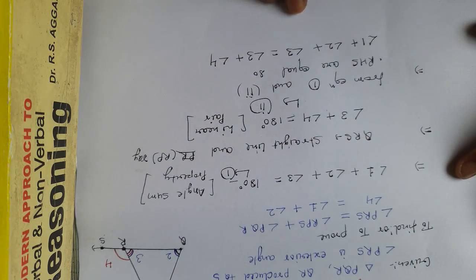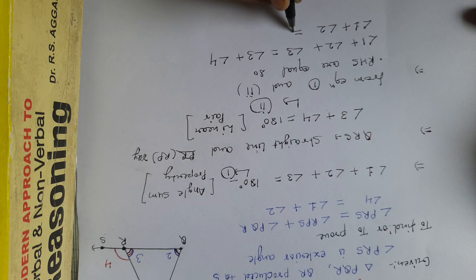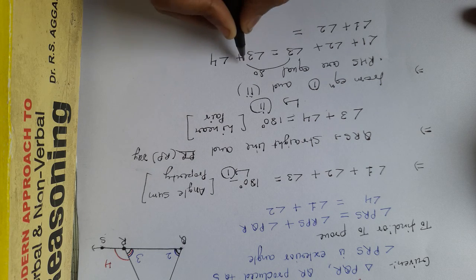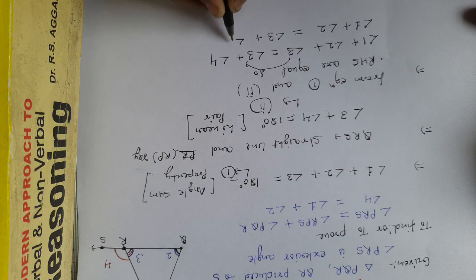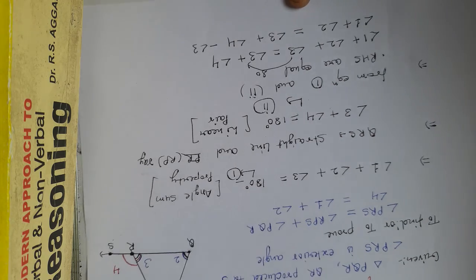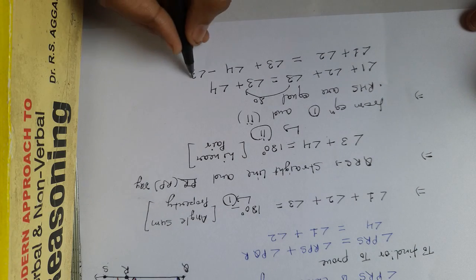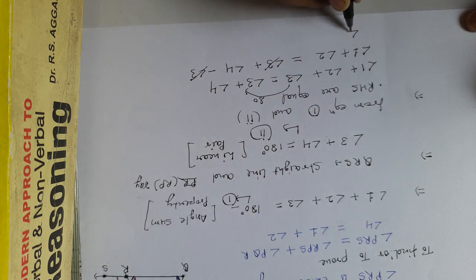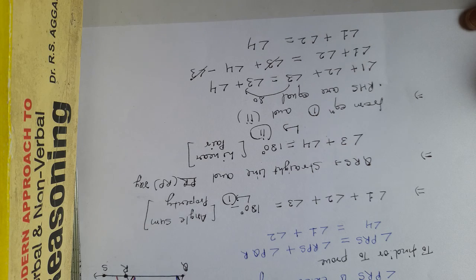So what we get from here? Angle 1 plus angle 2 is equal to, taking angle 3 to the other side, angle 4 minus angle 3. Here plus angle 3 and minus angle 3 cancel out with each other, and what you get is angle 1 plus angle 2 is equal to angle 4.